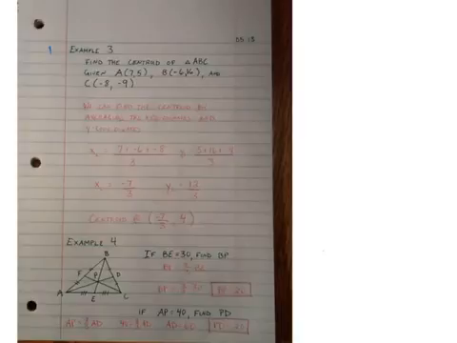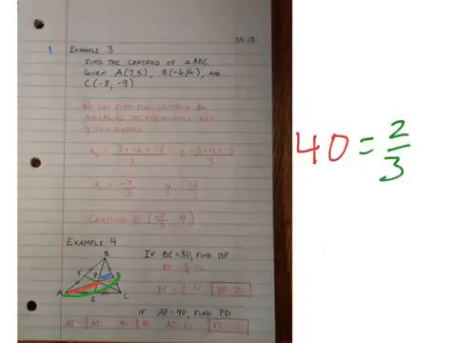I gave one more example under example number 4. AP is 40, so it's possible they'll give us the 2/3 piece and we need to find the 1/3 piece, or find the whole distance, A to D. So if AP is 40, we could say that that is equal to 2/3 of the whole distance, AD.